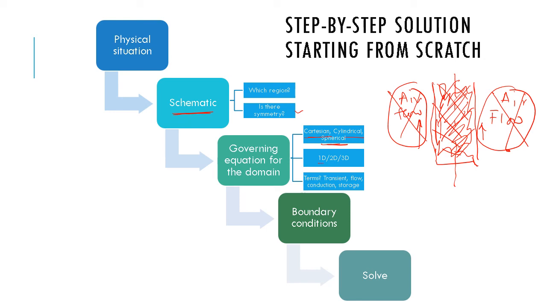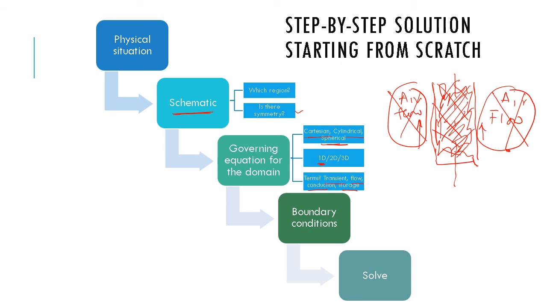If it is 1D, then we drop all terms other than the dimension that we are interested in. Then, of the terms, we have transient, flow, conduction, and storage. Remember, 4 terms. So we keep only the ones we need. By doing that, you have the specific governing equation for this problem.